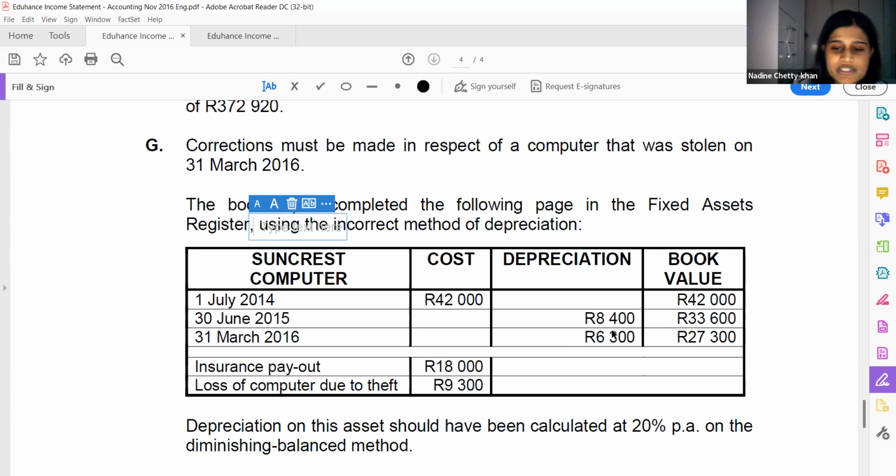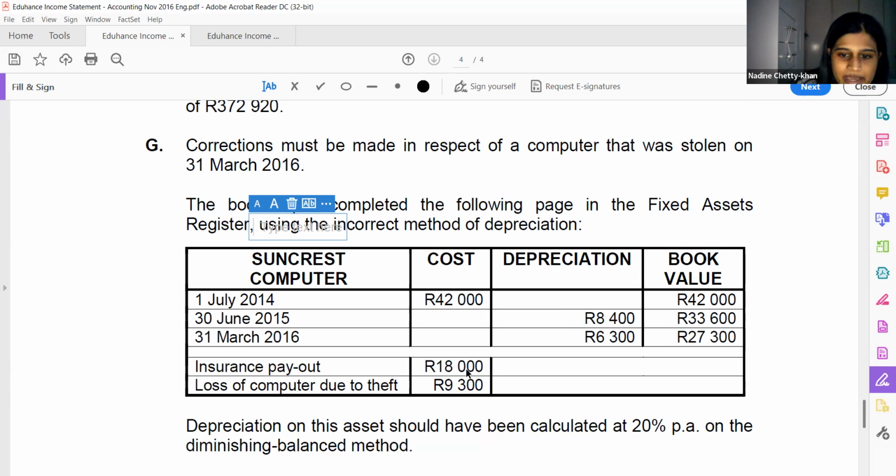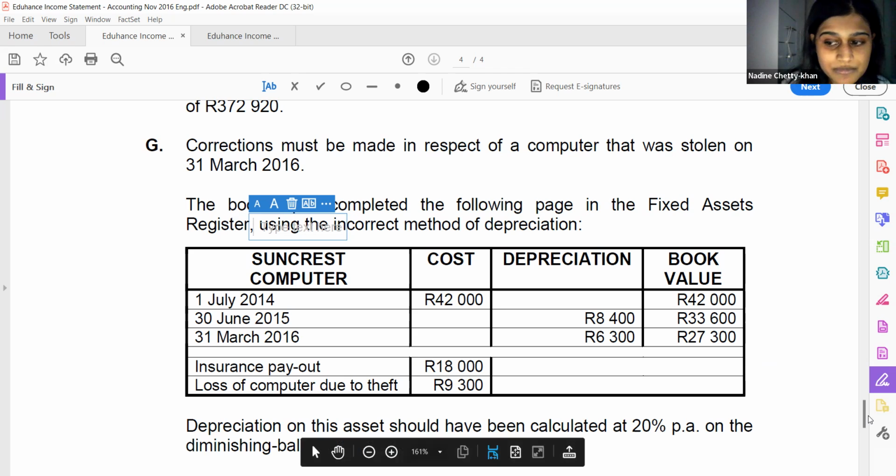We charged depreciation of 6,300, and then that's 27,300. Then the insurance paid us 18,000. And then based on what the book value is, minus our insurance payout, we calculated a loss on the computer of 9,300, which we saw was sitting in our income statement.